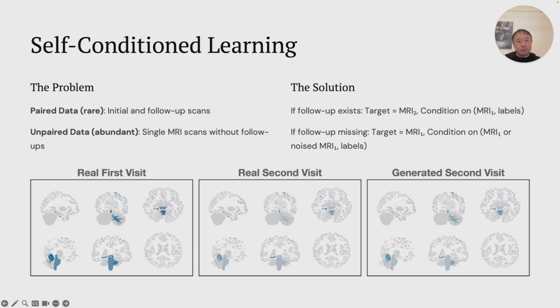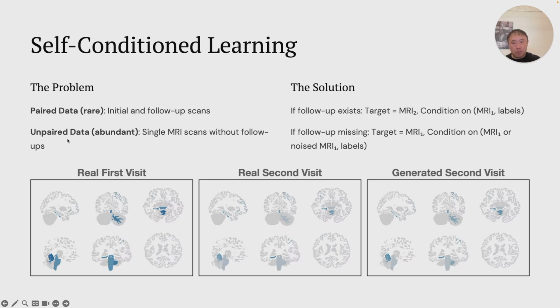Now let's look at some of the concrete technical ideas. The key idea is self-conditioned learning. The problem is you want paired data, but that's rarely available. For example, only 5,000 patients out of the 41,700 in the UK Biobank dataset have both initial and follow-up scans.